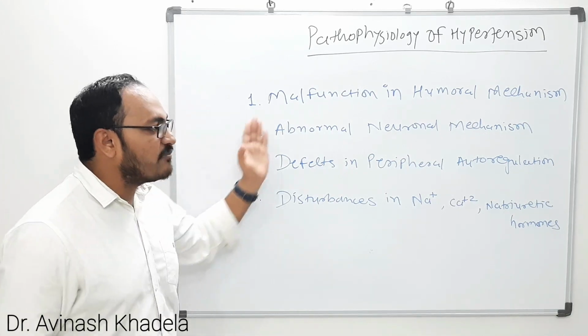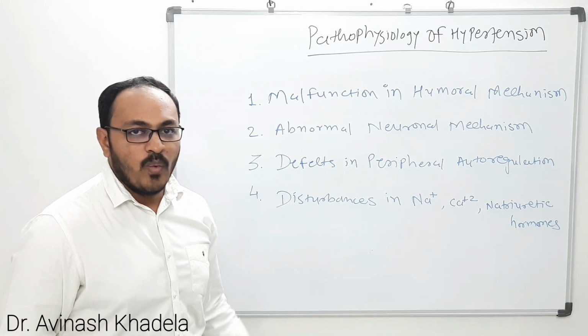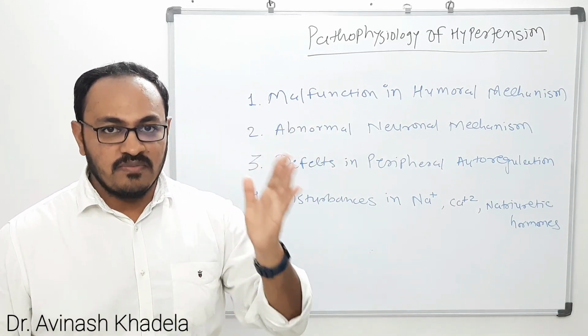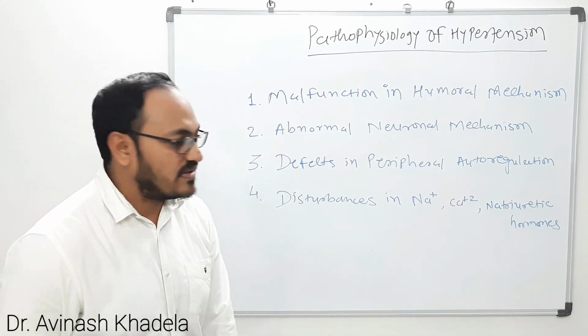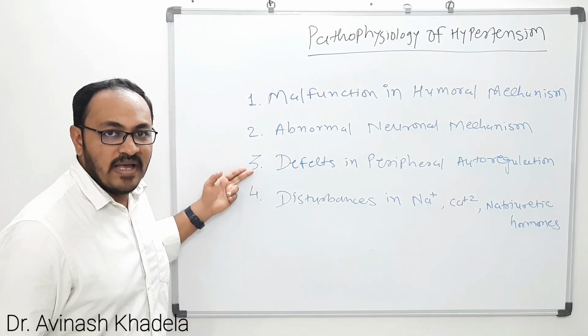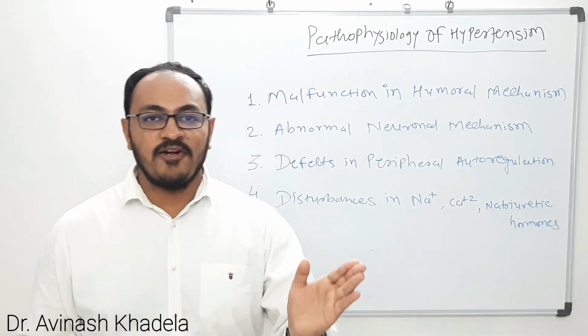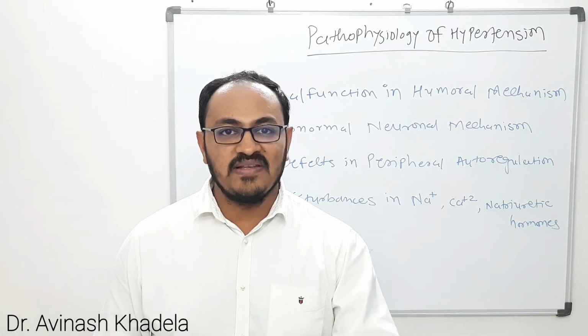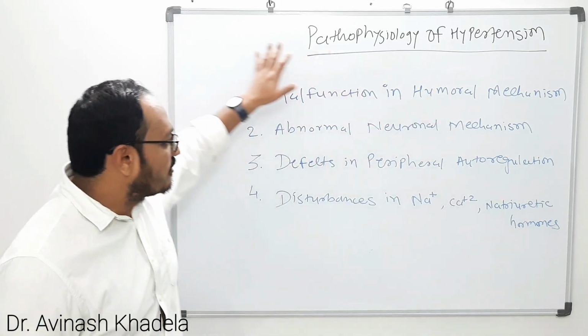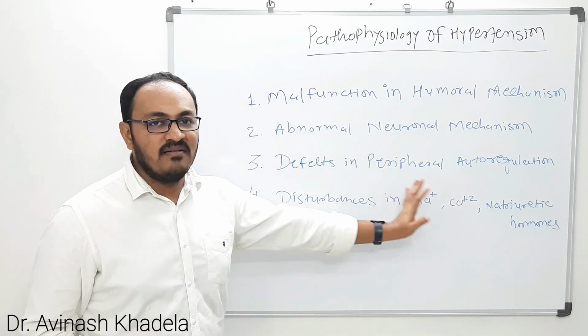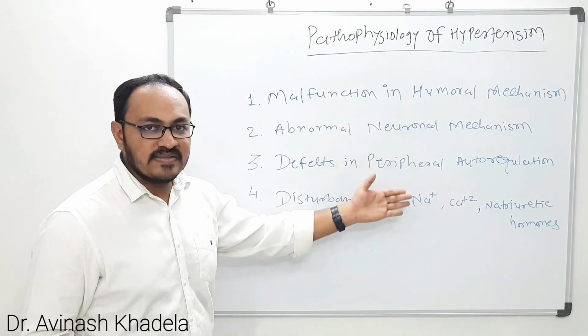Third is a defect in the peripheral autoregulatory mechanism, where the peripheral autonomic nervous system, a major component of the peripheral nervous system, has some abnormality or defect. And fourth is disturbance in the serum electrolyte concentration, intracellular as well as extracellular. These are the four pioneer mechanisms behind the rise in blood pressure, which we will discuss one by one in detail.